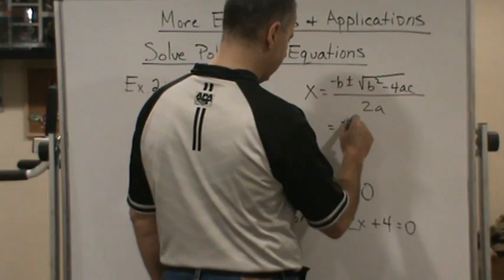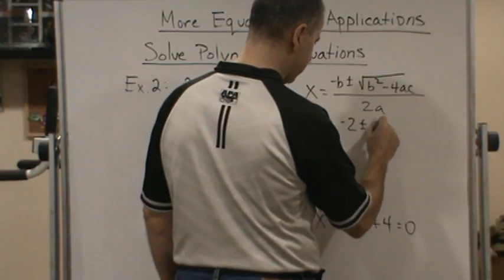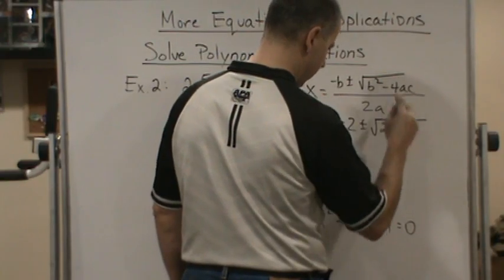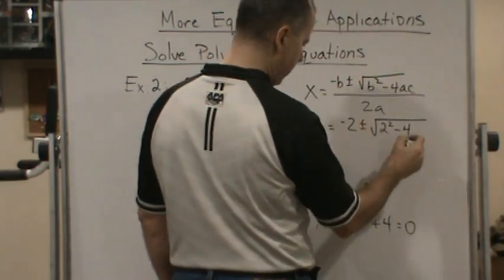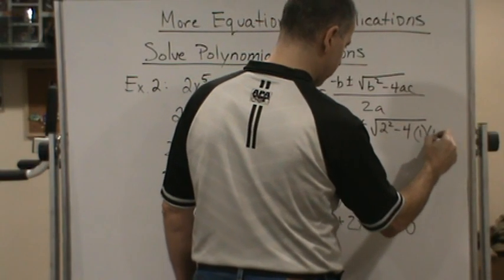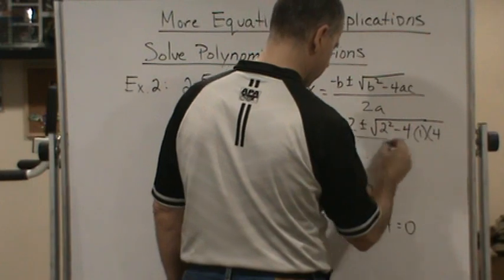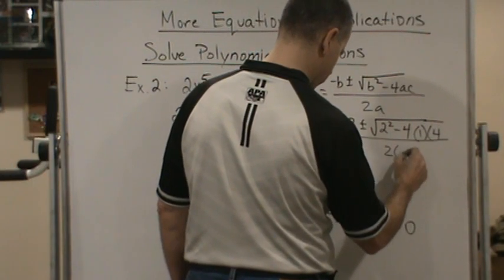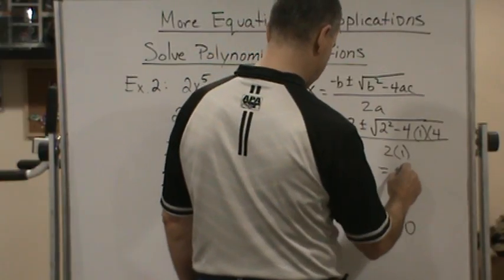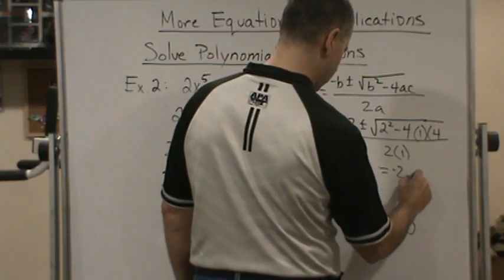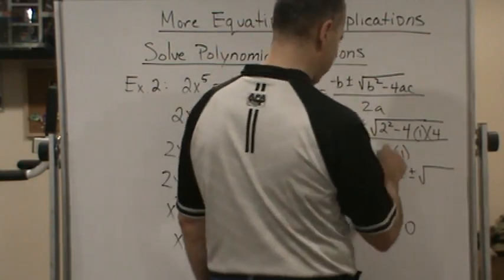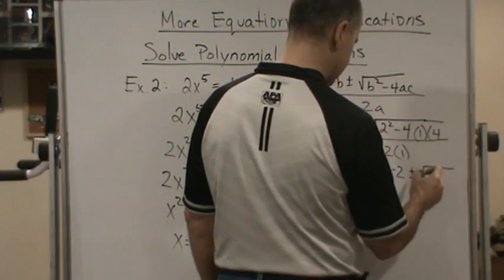So it's going to be negative 2 plus or minus the square root of 2 squared minus 4 times 1 times 4, all over 2 times 1. And so this is going to end up equaling negative 2 plus or minus the square root of 4 minus 16.